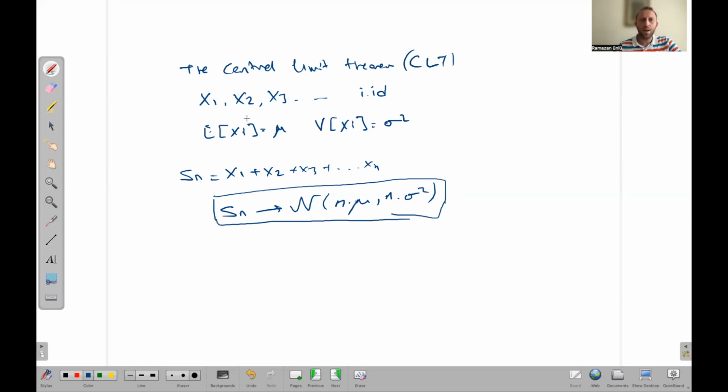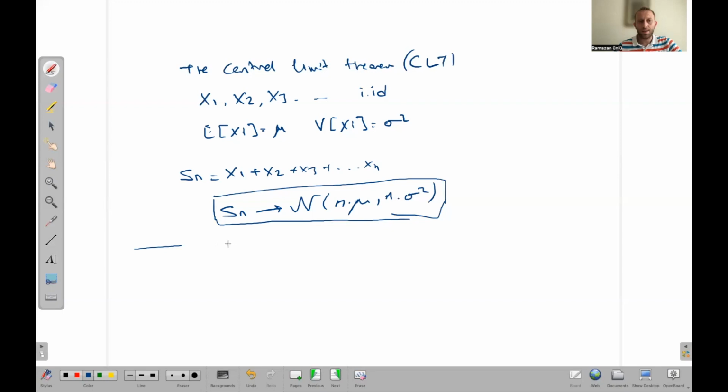In summary, if I am given some independent, identically distributed random variables, with expected value mu for each X and variance sigma squared for each X, and then I create a new random variable such as X1 plus X2 until Xn, then I can say that Sn is normally distributed with the parameters n times mu and n times sigma squared.